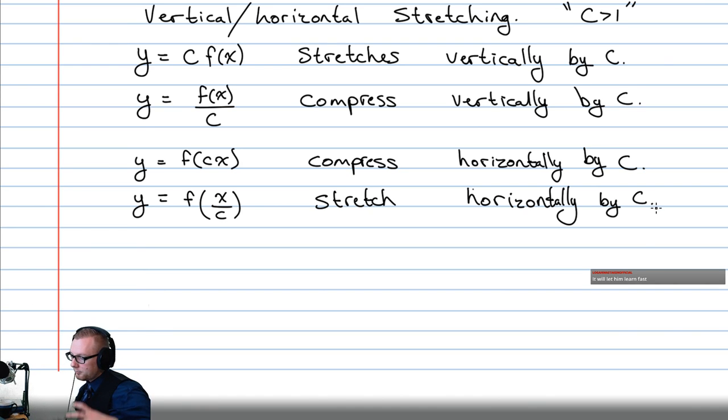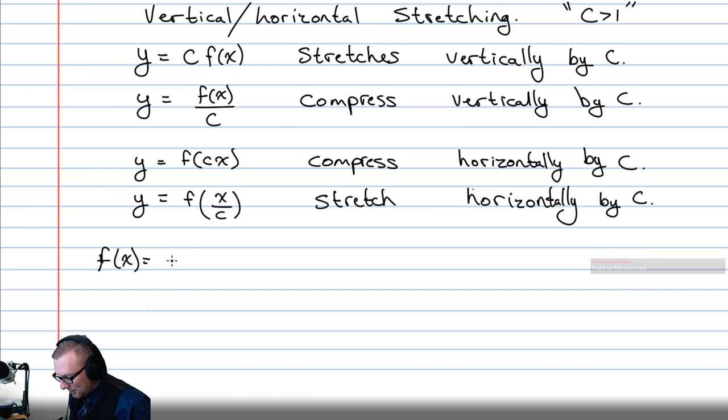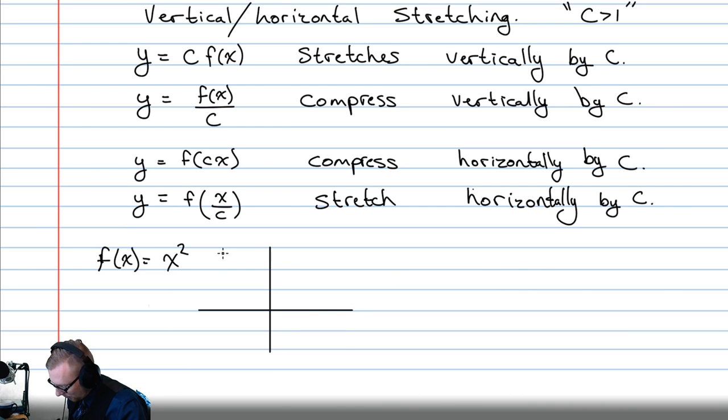Okay, I wrote down some notes. Let's go through what it means. Memorize that, take a picture. If f of x equals x squared, as an example, that's what your graph looks like, right?